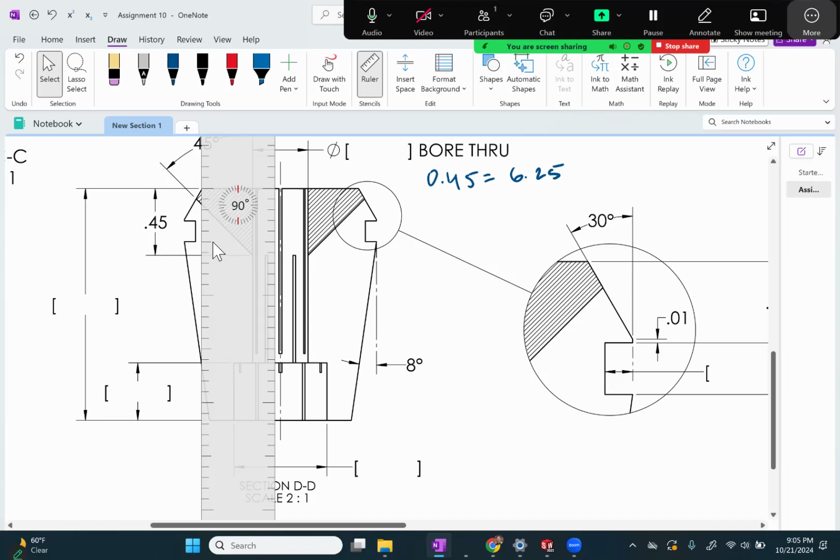So I know this mark is 5, this mark is 10, 15, 20, 21, and about a half, 21 and about 3/4. So if 0.45 is equal to 6.25 on my ruler, then down here I will write 5, 10, 15, 20, 21, 21 and 3/4.